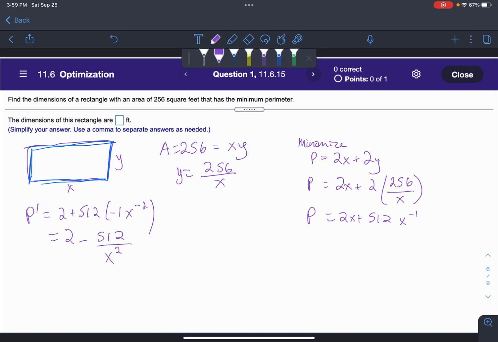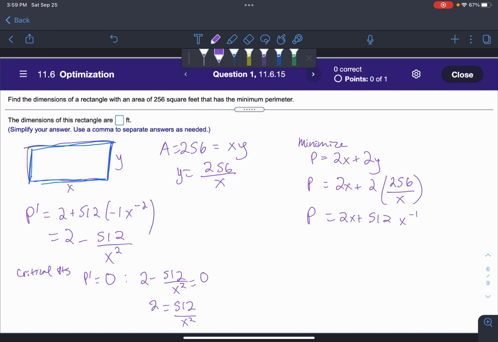Right, so next we want the critical points. So that's where p prime is equal to 0. And that will be 2 minus 512 over x squared is equal to 0, or when 2 is equal to 512 over x squared.